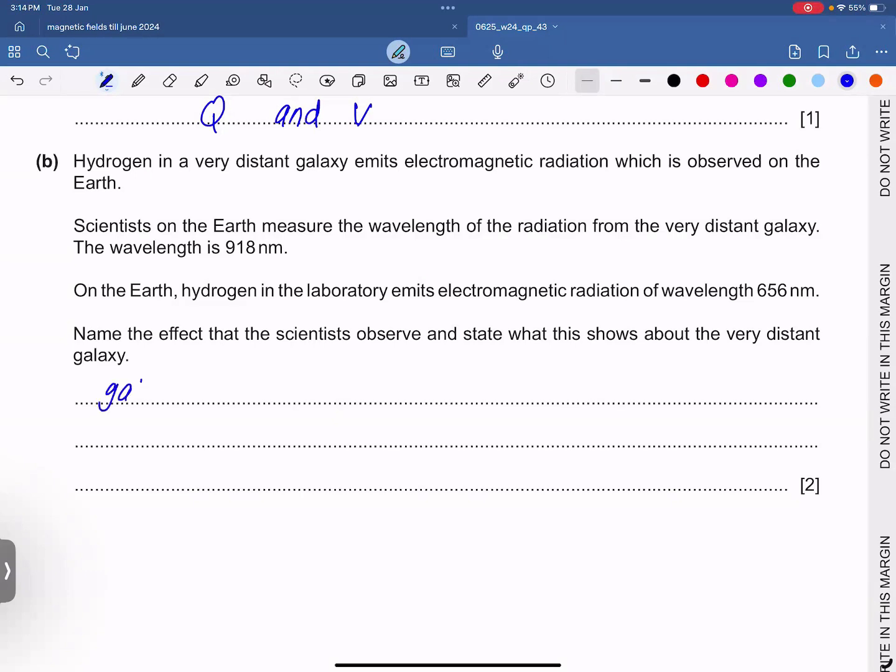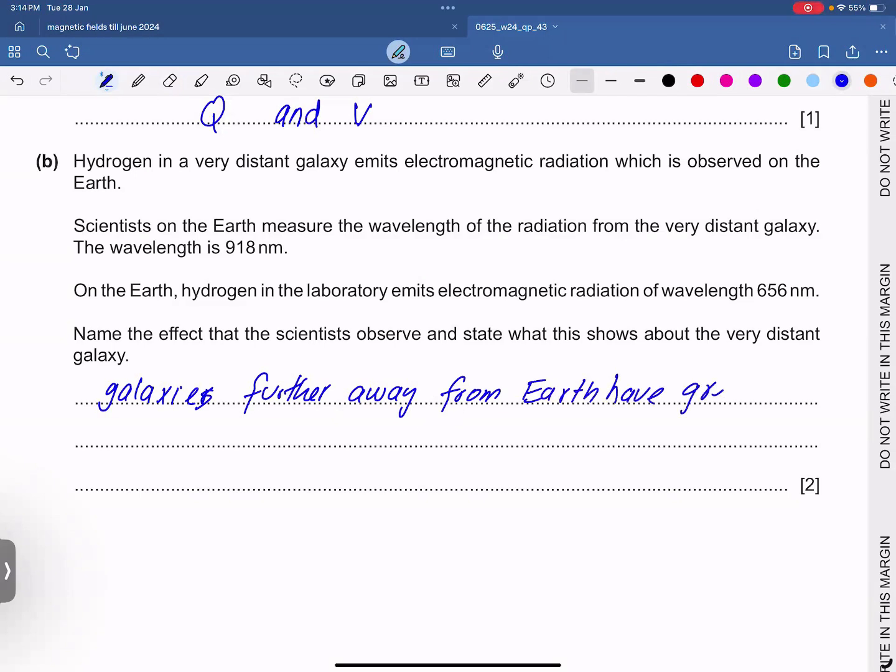Redshift. So galaxies further away from Earth have greater redshift. Redshift means increase in wavelength. And another point is that greater redshift means moving with higher speed.